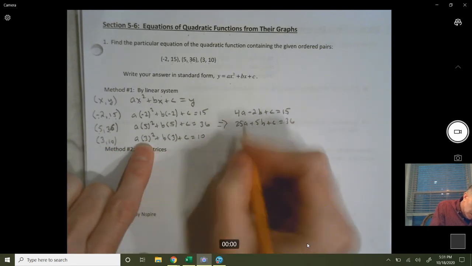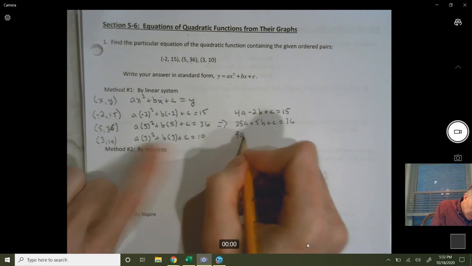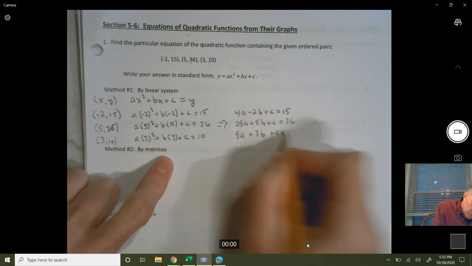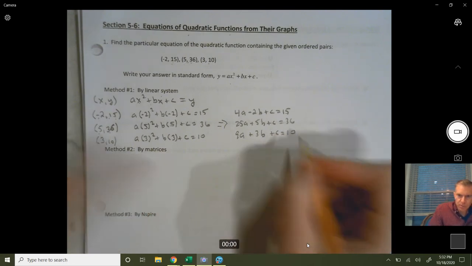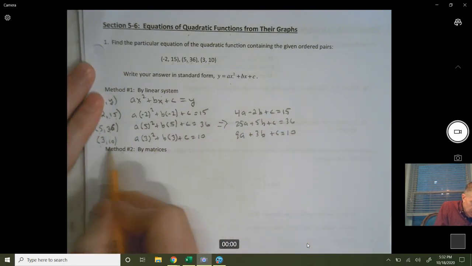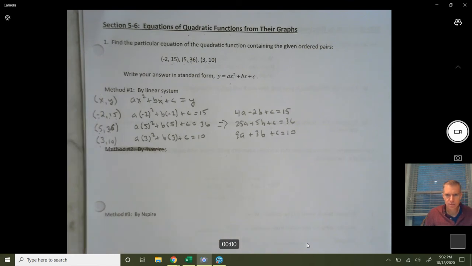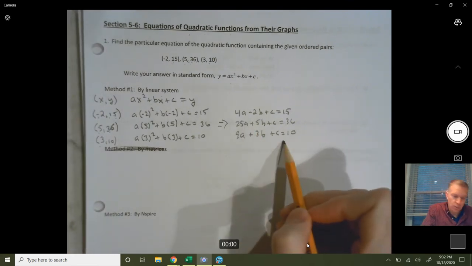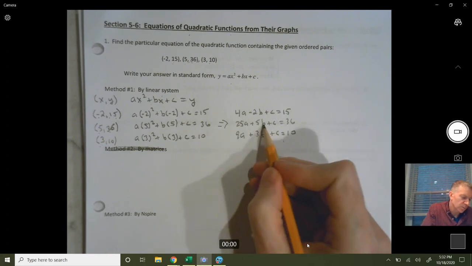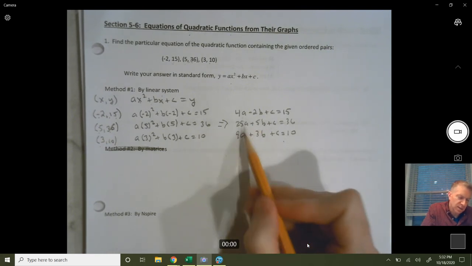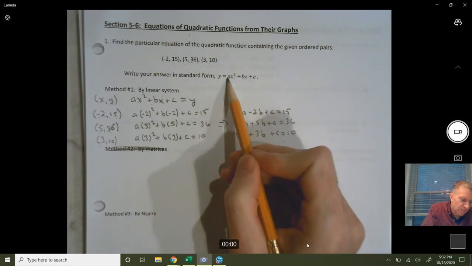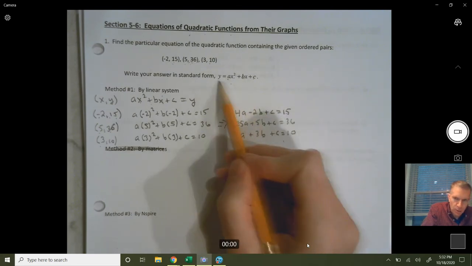And a times 3 squared, so 9a plus 3b plus c is equal to 10. We're not going to solve by matrices, so I can use all this space. We can solve for a, b, and c because we've got 3 equations with 3 unknowns. Once we solve for a, b, and c, we can plug them back in, and that's our equation in standard form.